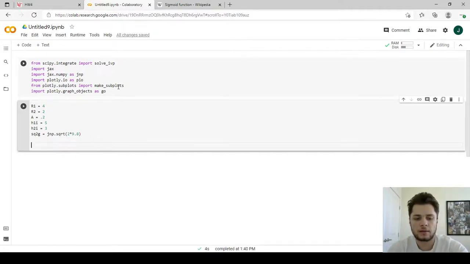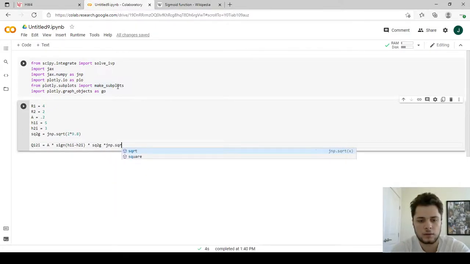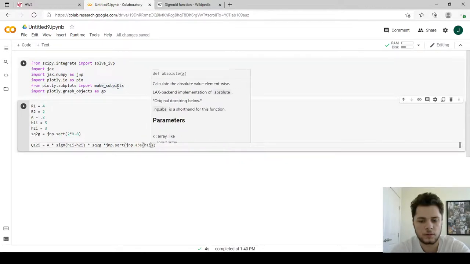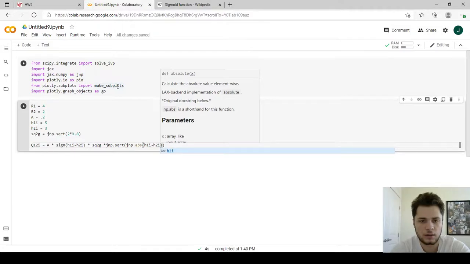We know that the flow between 1 and 2, initially, was equal to the area of that pipe times the sign of H1I minus H2I, multiplied by the square root of 2g, multiplied by the absolute value of H1I minus H2I.